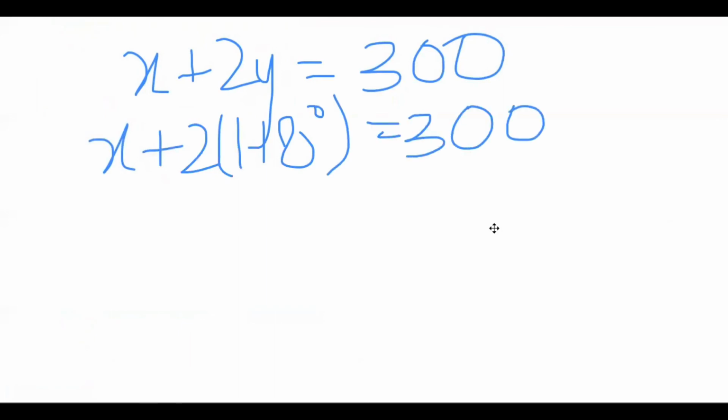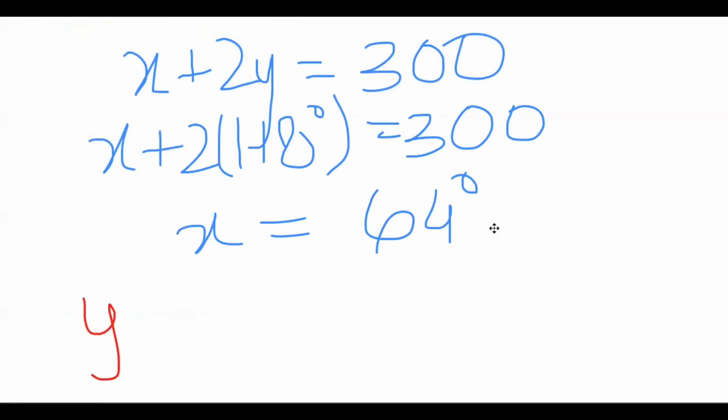So our equation becomes somewhat like this, and we get the value of x as 64 degrees. With this, we get x as 64 degrees and y as 118 degrees, and we have answered the question.